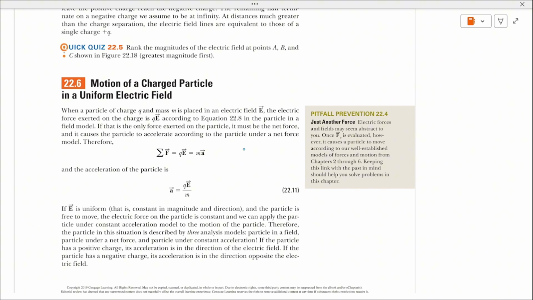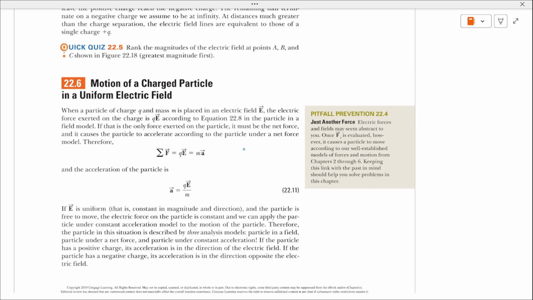And the electric force may seem abstract to you, but remember, it's just another force, and we can apply Newton's laws to it just like we did in mechanics to the normal forces that you experience every day.